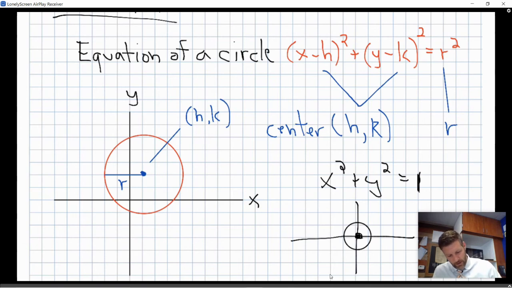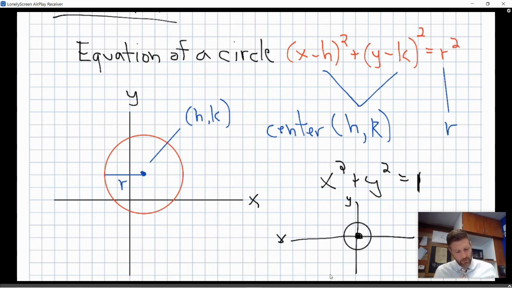From that point on, anything I do to h or k is going to shift the circle left or right, or up and down, and anything I do to that r is going to grow or shrink the radius of my circle. So for example, over here I've graphed a little circle, and we can write the equation from it.